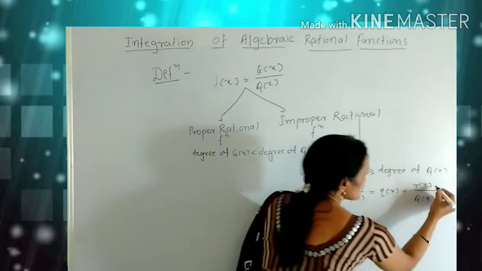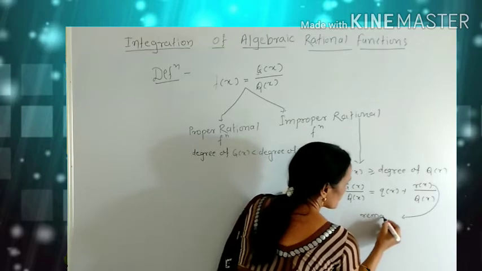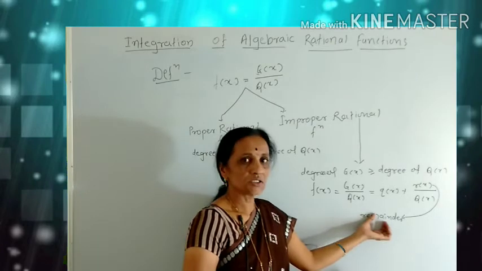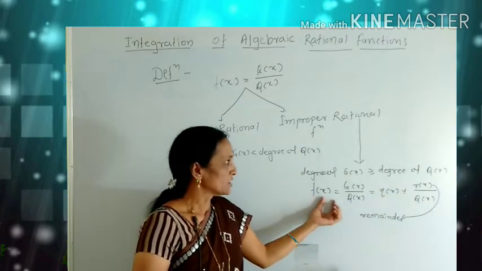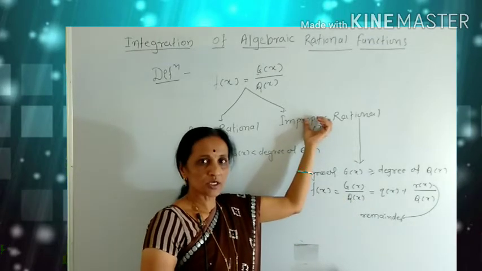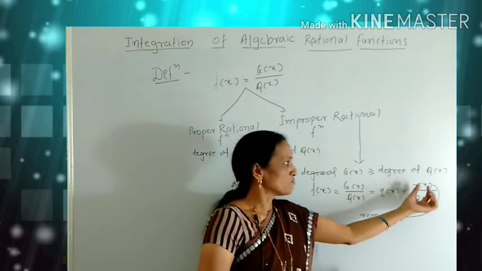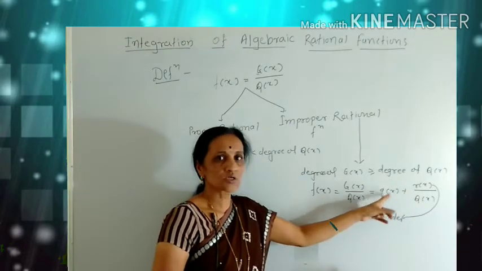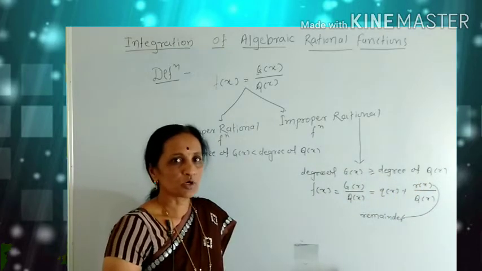So in the case of an improper rational function, f(x) is equal to q(x) plus r(x) divided by the capital Q(x), where small q(x) is the quotient and small r(x) is the remainder of the function.